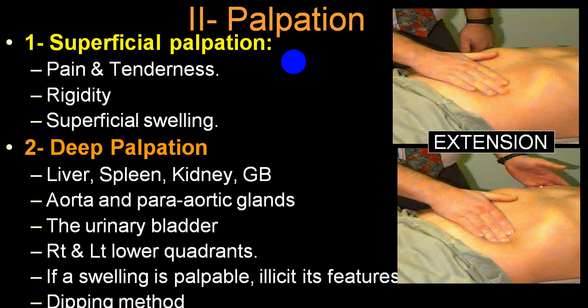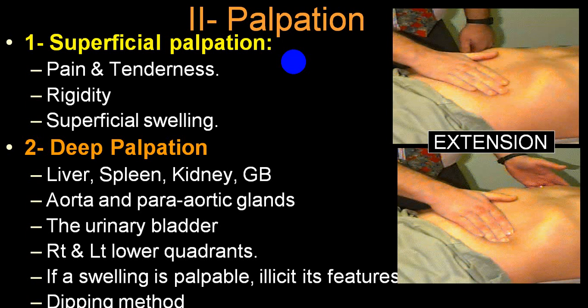Either you go in a clockwise direction or an anti-clockwise direction, whichever you prefer, but the last area to be palpated is a tender area. At least liver and spleen should be palpated, so look for liver enlargement and spleen enlargement. Also, in case of a mass, deep palpation will be able to pick it up. You should look for tenderness and guarding.